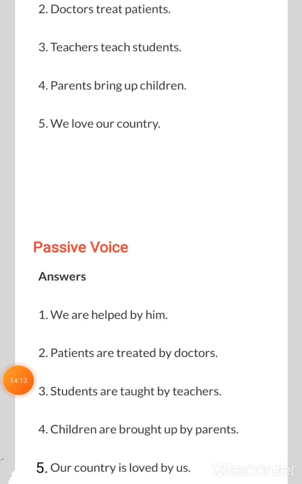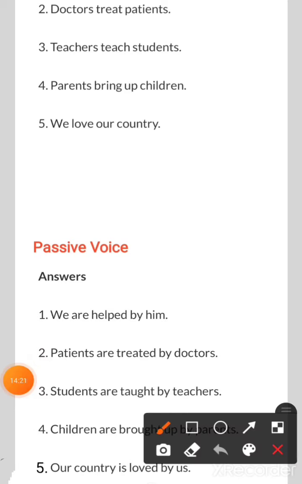So let me give you some other examples from the simple present tense, active voice. In active voice, he helps us. So the answer is we are helped by him. Why? Because he is the subject, us is the object, and help is the main verb.